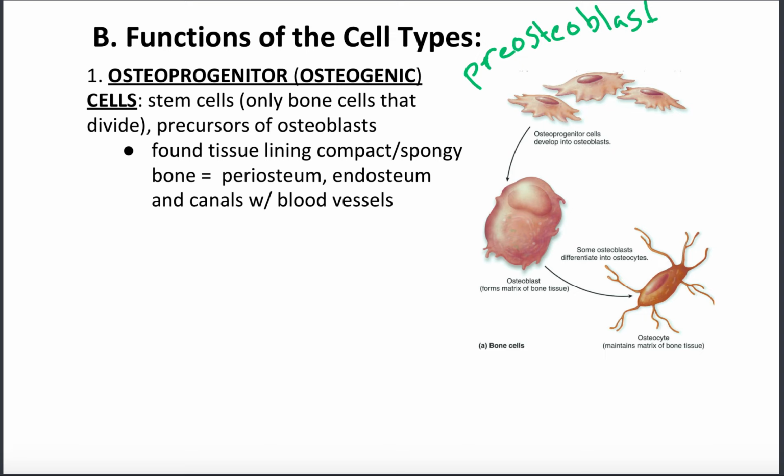If you remember, the long bone grows at the epiphyseal plate and also grows along the membrane. So the endosteum, the periosteum, all of those sections of any bone are capable of growing and getting thicker or getting thinner. So you're going to find osteoprogenitor cells, the cells that have the potential to become and form bone, in those areas that have the potential for growth.